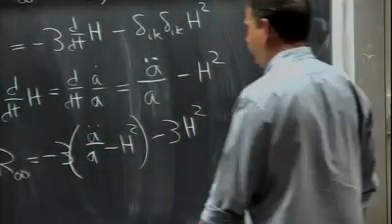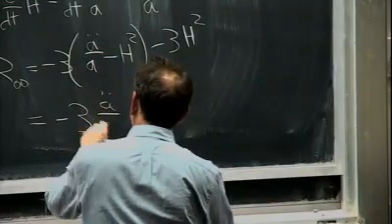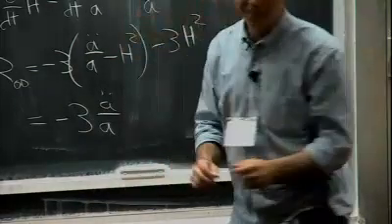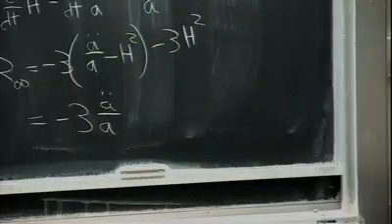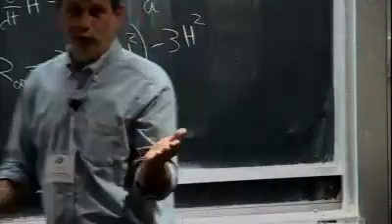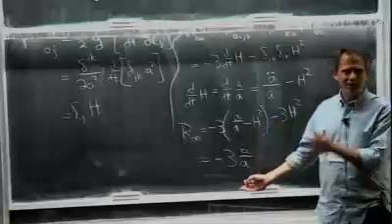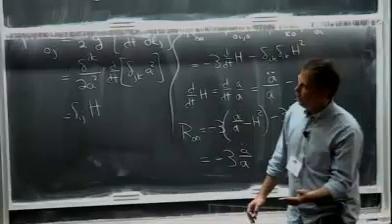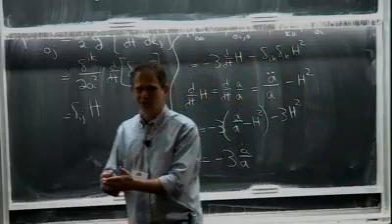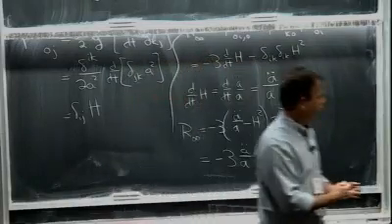So we're just left with r0, 0 is equal to minus 3 a double dot over a. So on the one hand, this looks great because we wanted to solve the Friedmann equation. We've already gone through GR in 10 minutes, and we're almost done with the Friedmann equation because we have r0, 0. On the other hand, the Ricci scalar requires us to compute all the other components of the Ricci tensor. So that's the bad news.